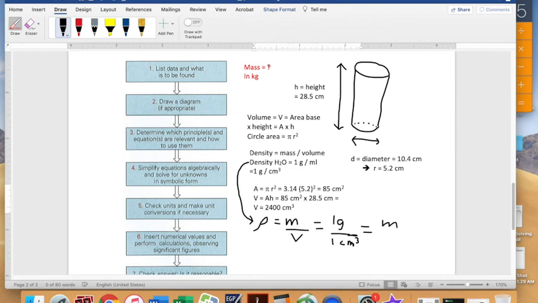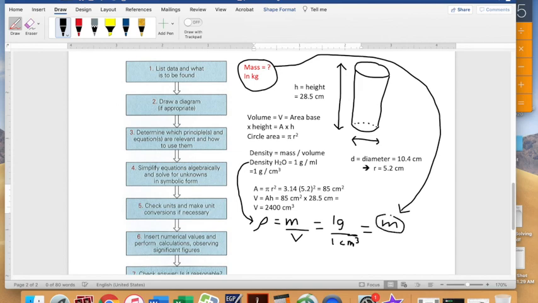Okay, so if we have 2,400 centimeters cubed of volume, we can figure out this mass m. We're solving for m, right? M is what we're solving for. And I know that because I paid attention to my question or problem. But that mass, we're going to divide it by volume, and the volume is 2,400 centimeters cubed.